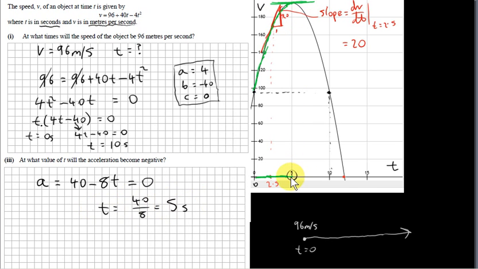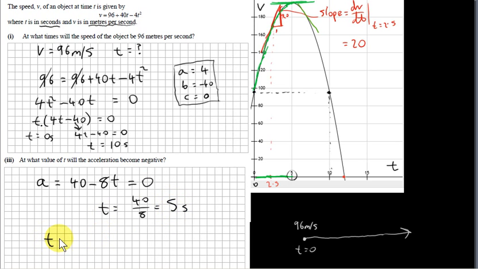And from then on, for values of t that are greater than 5, the slopes of the tangents become negative. So the acceleration is negative then. So you could say at t equals 5 the acceleration is 0, but the split instant after 5 seconds the acceleration is negative.